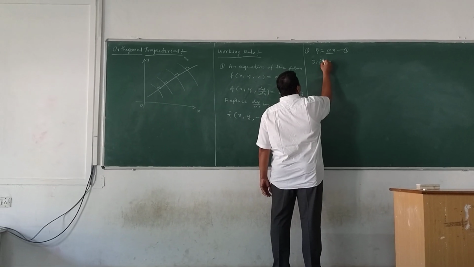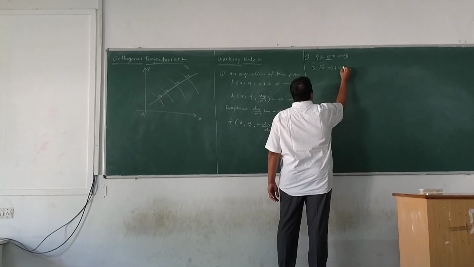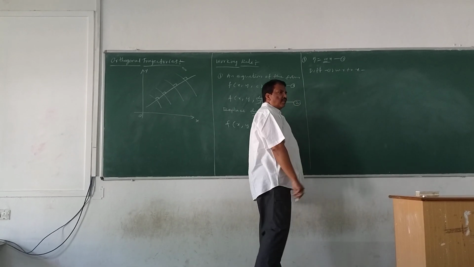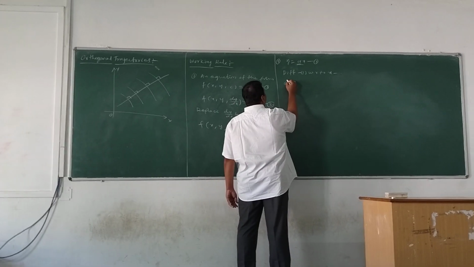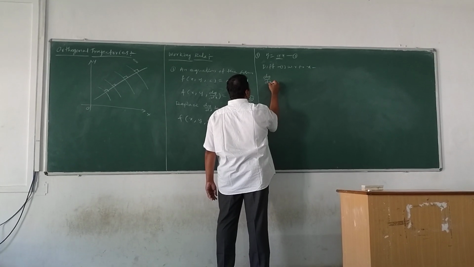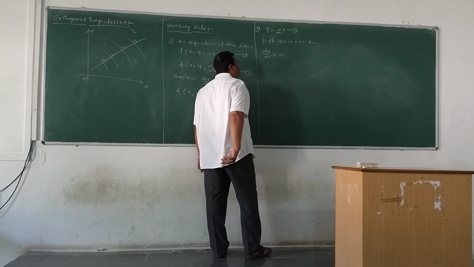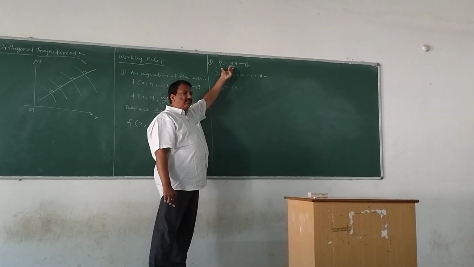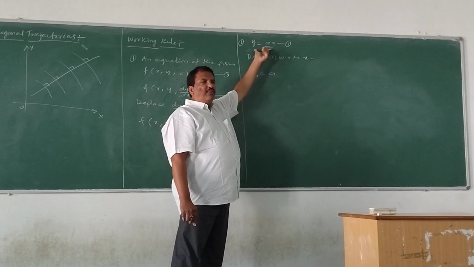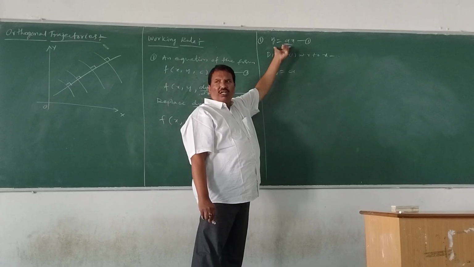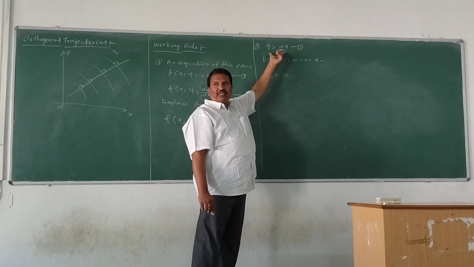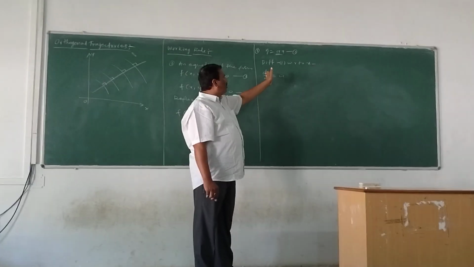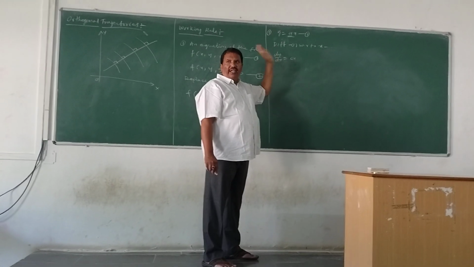Differentiating equation 1 with respect to x on both sides, dy by dx equals a.